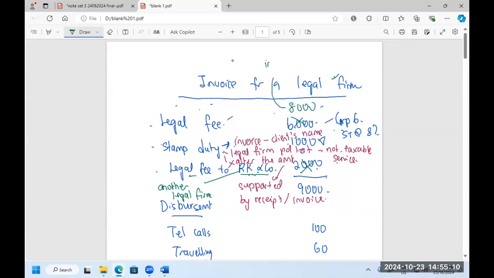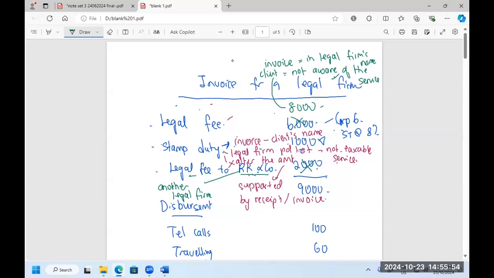The invoice is in the legal firm's name. Then the client is not aware of the service. So it's not supported by a receipt, guys.